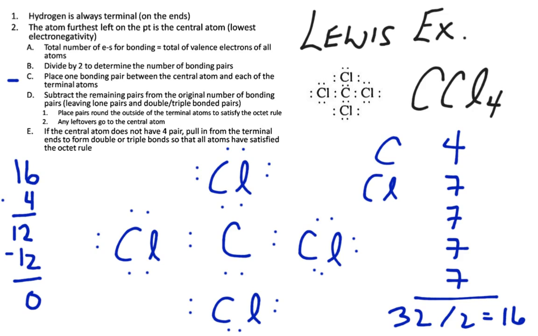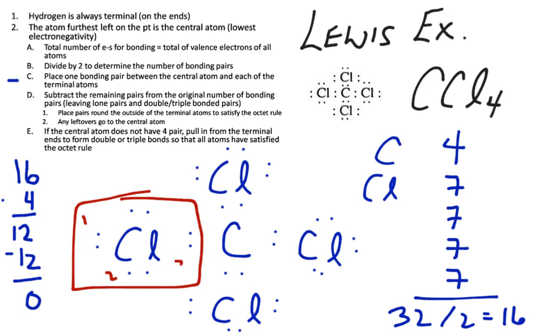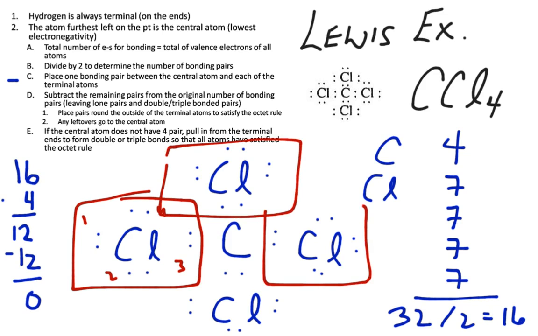So let's look first at this terminal atom on the left side. If we place a box around it, you can see that we have 1, 2, 3, 4 pairs. And those 4 pairs equal 8 total electrons, or your stable octet. We can do this for each of the chlorine atoms and find that each of the chlorine atoms has a satisfied octet. The last thing we need to check is our central atom.